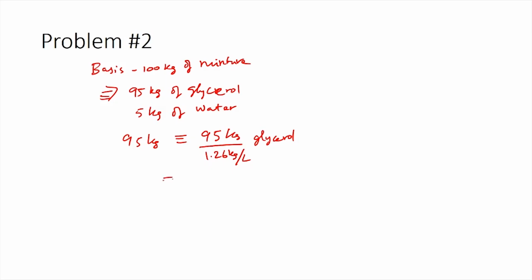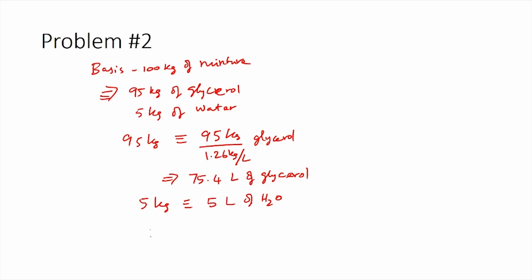So, this value would be equal to 75.4 liters of glycerol. So, what this means is 75.4 liters of glycerol would weigh 95 kilograms. Similarly, 5 kilograms of water would basically occupy a volume of 5 liters of water.